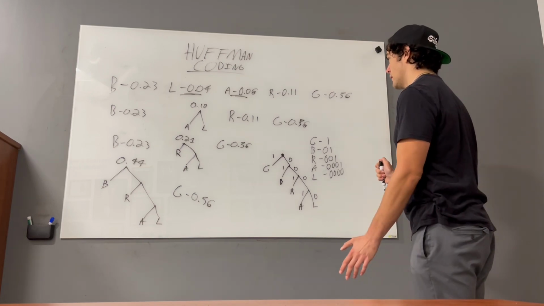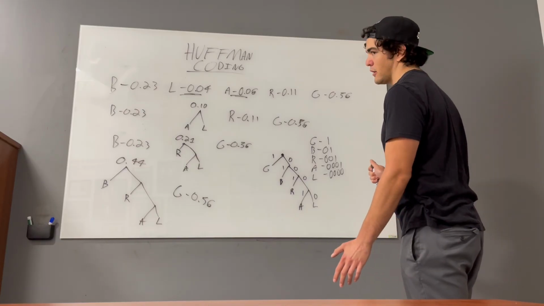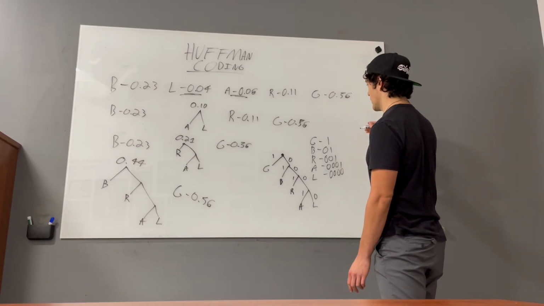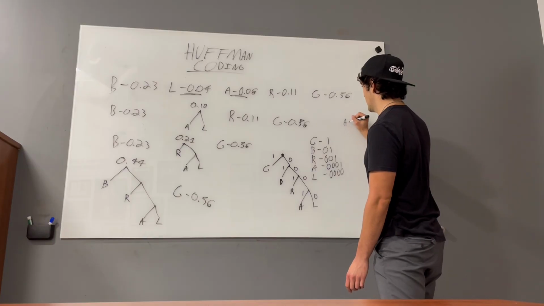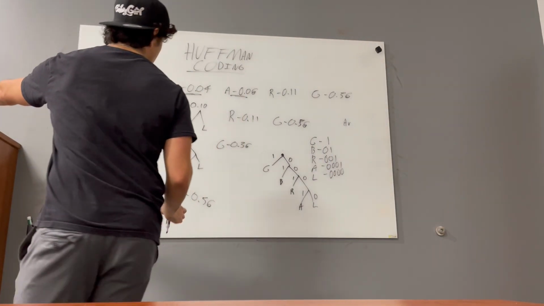How do we find the average bit cost per letter? I might bring this into the middle actually, just so it's easier.